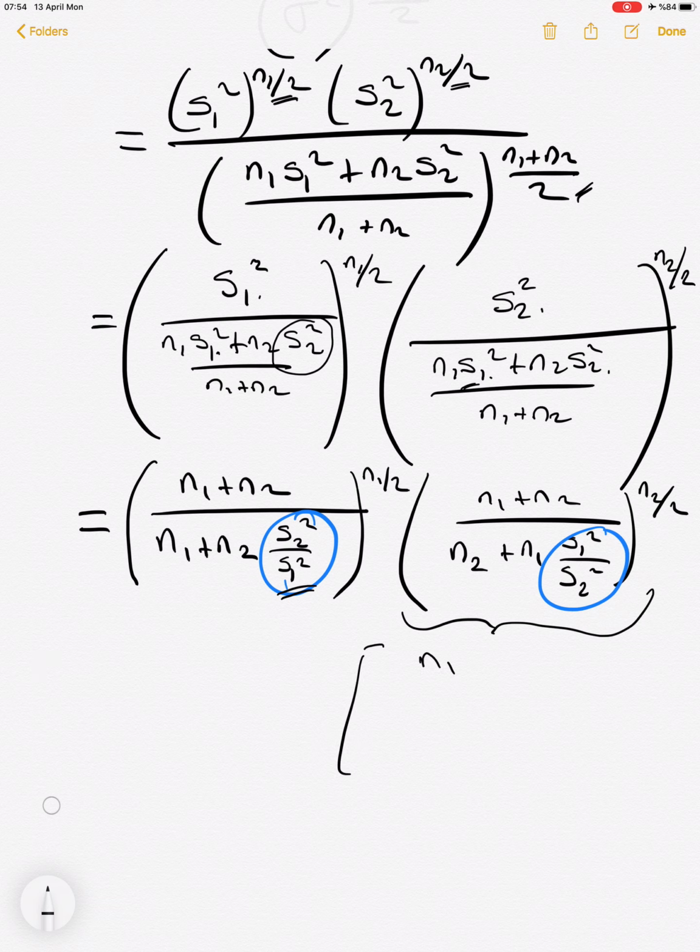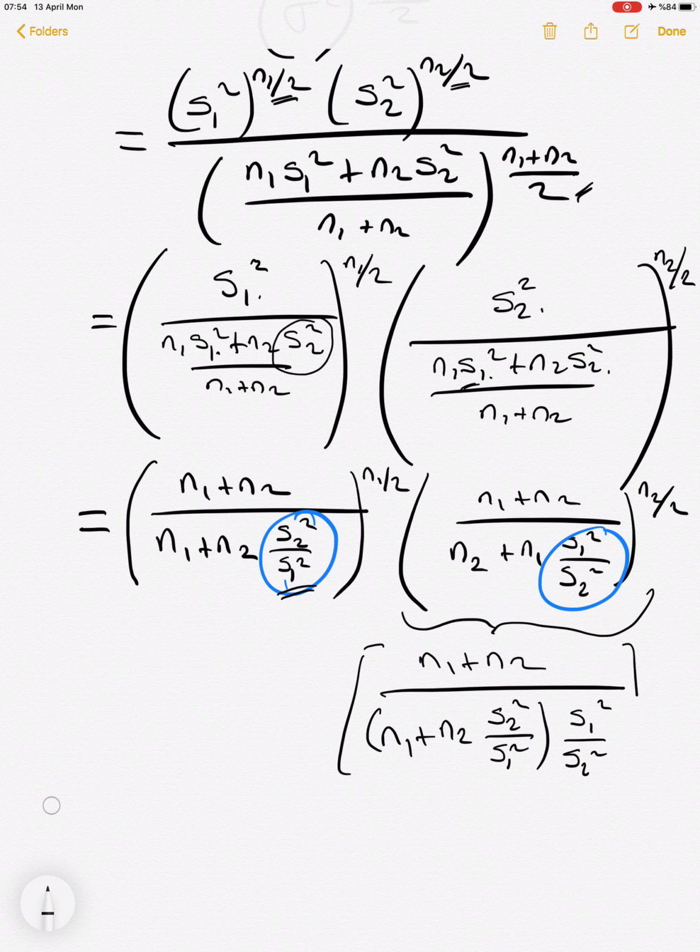Or you can use s1 square over s2 square and change the other one, so the result will not change.